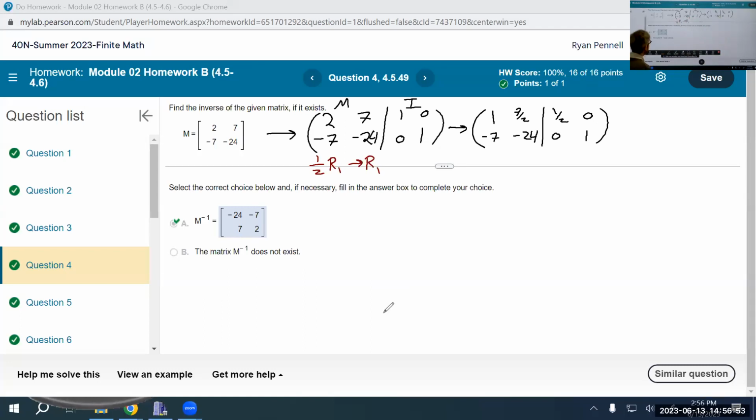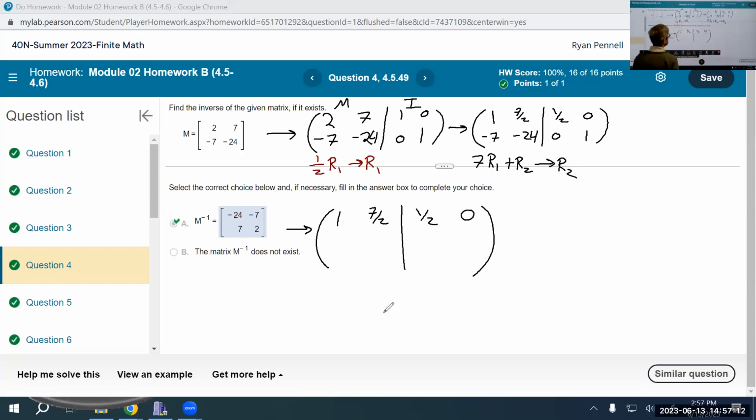All right, we want to get rid of that -7. So 7 times row 1 plus row 2 becomes row 2. Let's do it. Now the first row doesn't change. And 7 becomes 0 by design. Then we have 49/2 minus 24, it's 1/2.